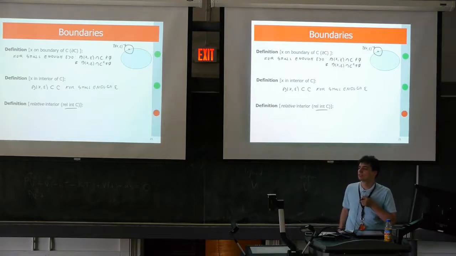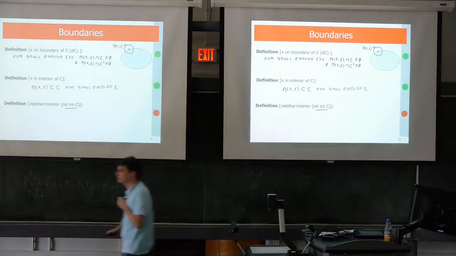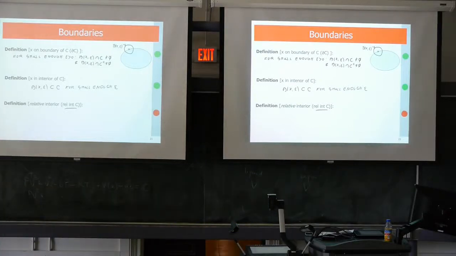Is it wrong? I think according to this definition, if you put a point which belongs to the interior of the set, it can still be on the boundary because you can find a relatively larger epsilon and cover it inside of your set. No. If I define it like this, it cannot be on the boundary, because I'm saying that for small enough epsilon, for all epsilon smaller than epsilon naught.